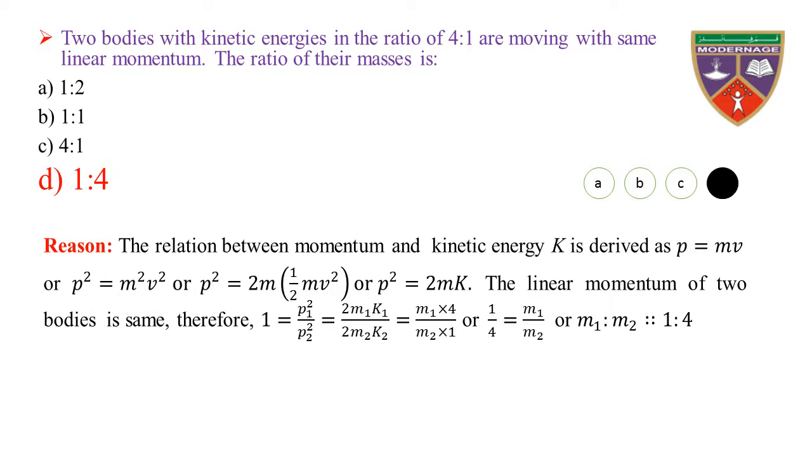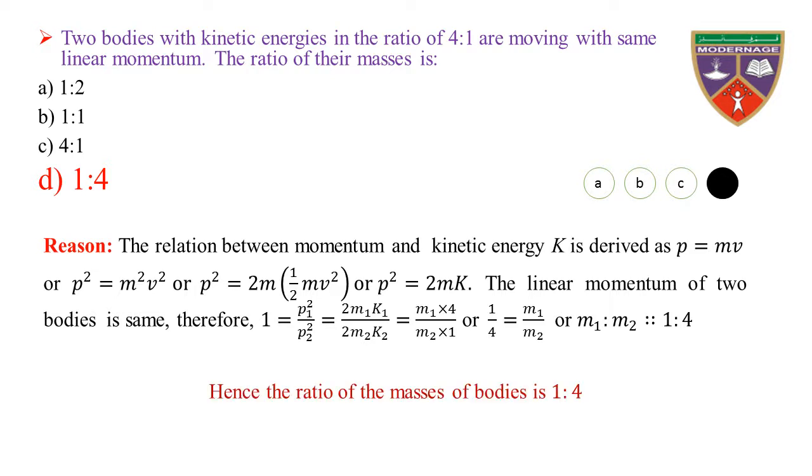The linear momentum of two bodies is same, therefore 1 is equal to P1 square divided by P2 square, which is equal to 2m1 K1 divided by 2m2 K2, where K1 is the kinetic energy of the first body, m1 is the mass of the first body, K2 is the kinetic energy of the second body, m2 is the mass of the second body, which can be written as m1 into 4 divided by m2 into 1, or 1 by 4 is equal to m1 divided by m2, or m1 to m2 is equal to 1 to 4.